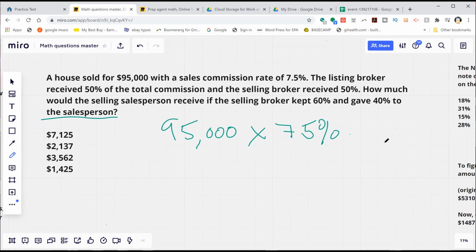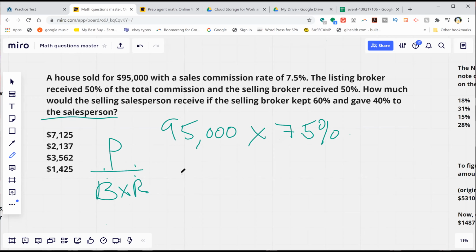And for those of you who want to get used to it, a lot of people use Pabst Blue Ribbon for this, the part over the base times the rate.